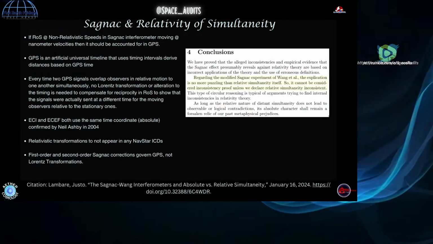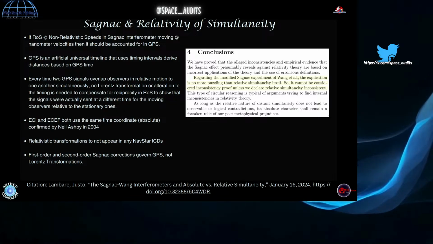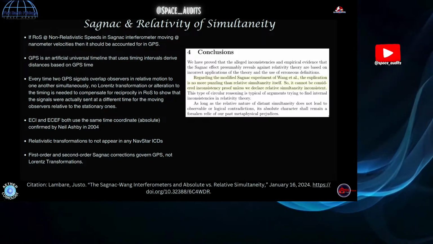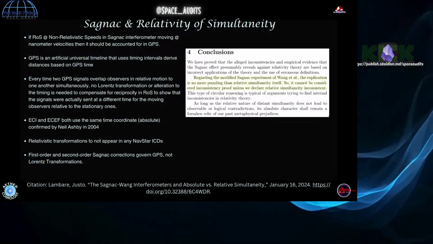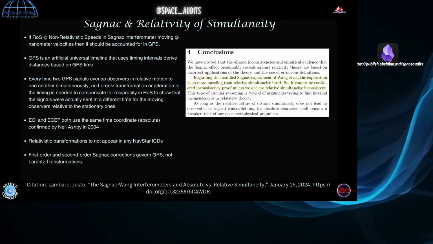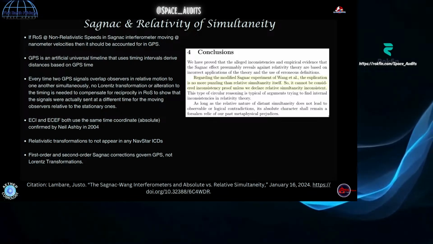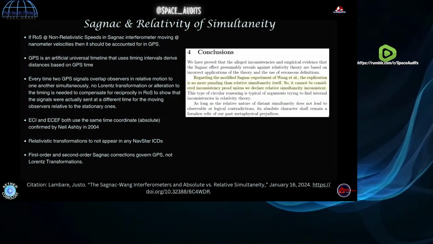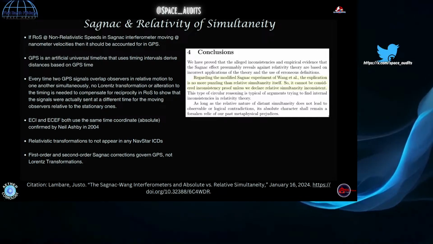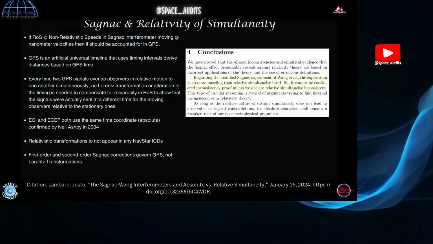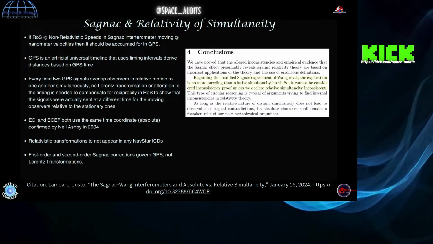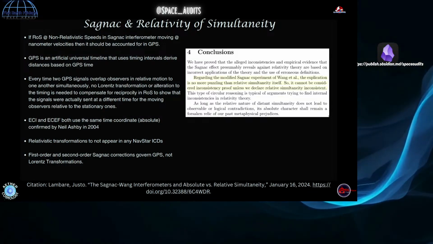So conclusions here. What are we concluding from all this? That when we look at GPS, it is a system that derives distances based off of timing intervals, timing and positions of when signals were sent and when they were received to determine distances. And this is all based off of GPS time. So it's based off of a singular cohesive timeline.